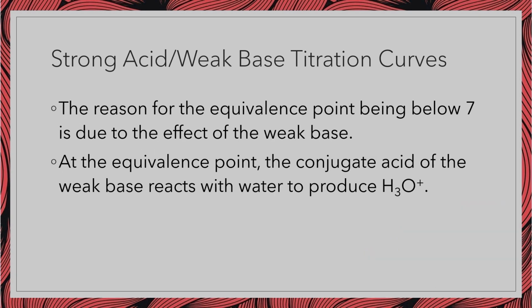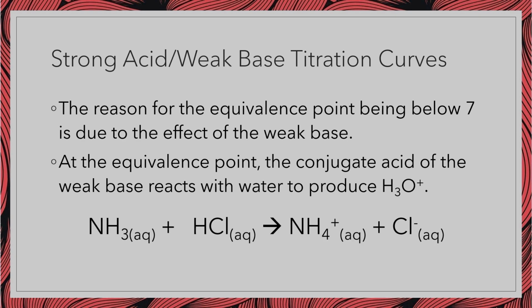Now, the reason for it being below 7 is due to the effect of the weak base. At the equivalence point, the conjugate acid of the weak base reacts with water to produce some H3O+. So for example, ammonia plus HCl produces NH4+ and Cl-.